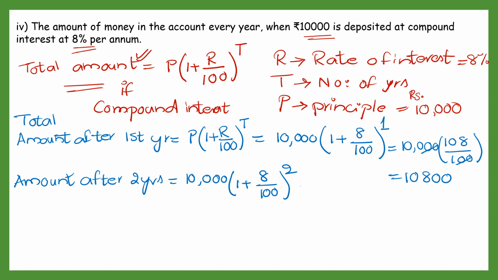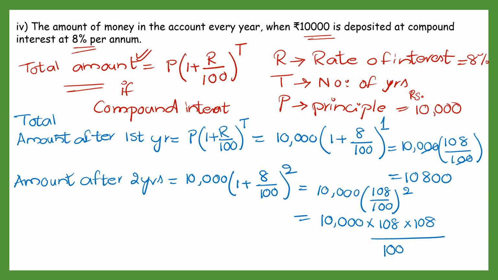You get 10,000 into 108 by 100 whole square. So 10,000 into 108 square over 100 into 100. 2 zeros, 2 zeros cancel, and you get 108 into 108.